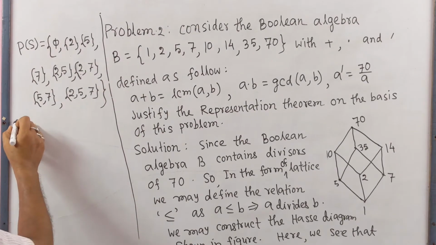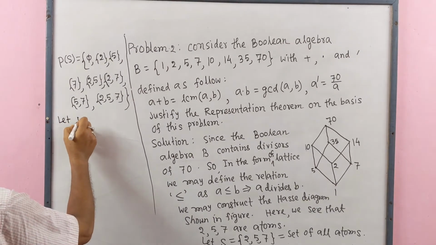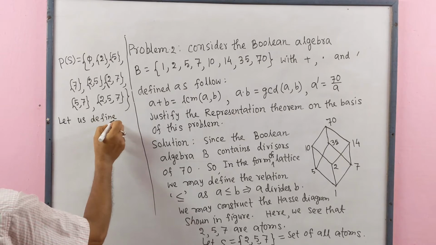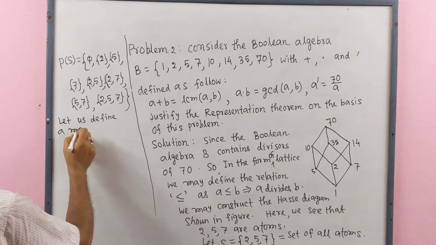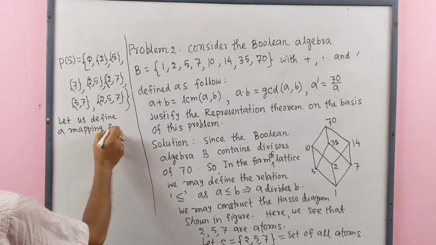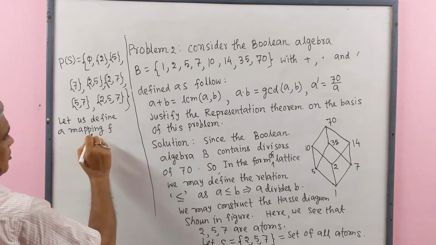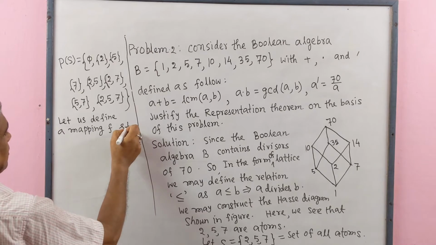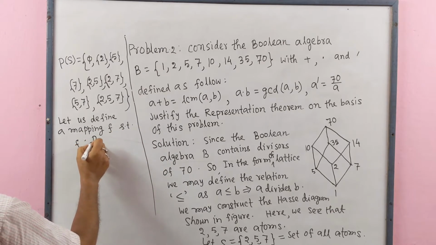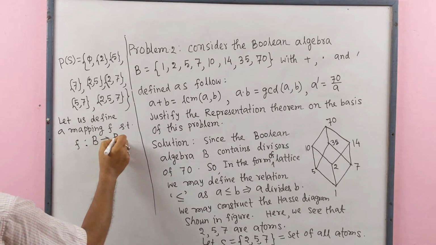Now let us define a mapping F such that F is defined on B into PS.